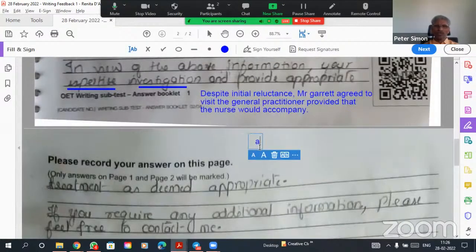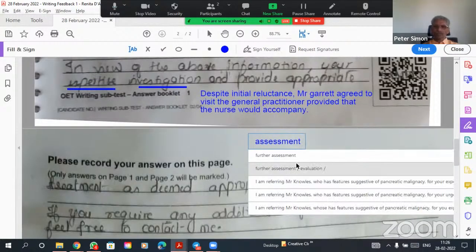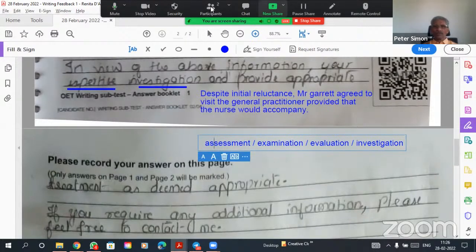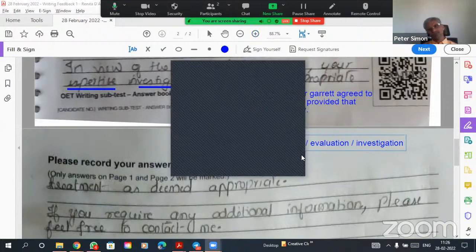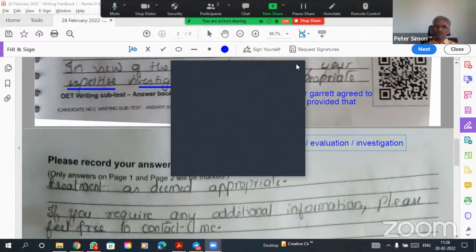Assessment, or examination, or evaluation, or investigation. You can use any word. Why do you want to use the same word? Okay, Renita, is that clear to you? Avoid repetition. Yes, sir. I don't want to see the same word again in any of your letters in the future.